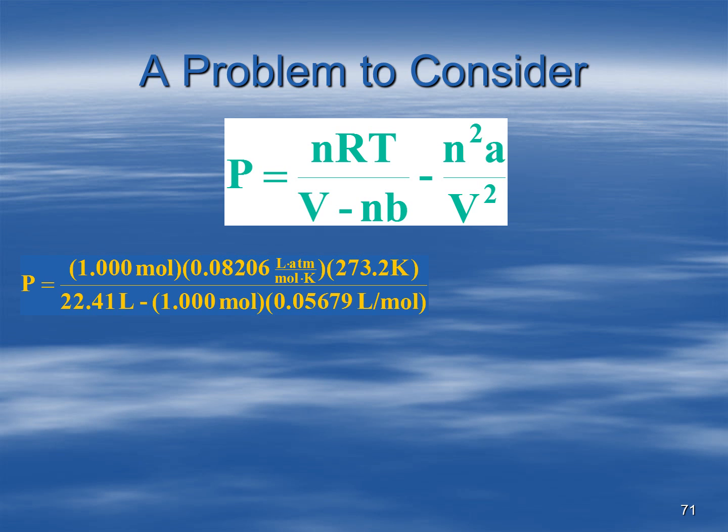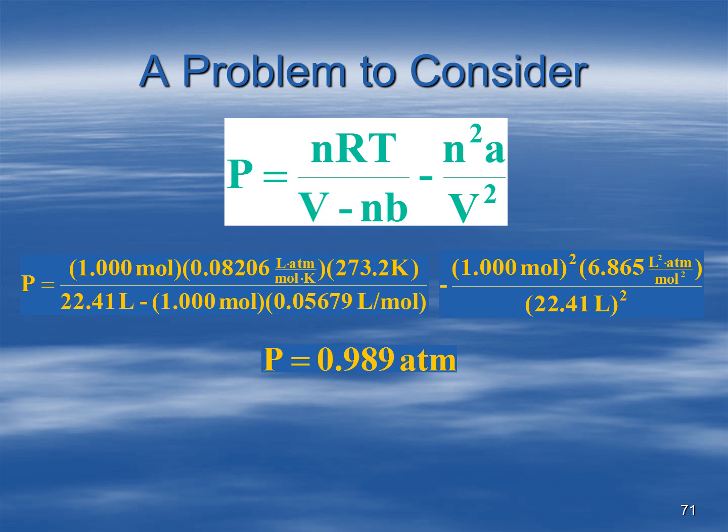Times 273.2, and then divided by the quantity 22.41 minus 1 times 0.05679. That's the V minus nb. So you could actually calculate that number. And then we have 1 squared times 6.865 divided by 22.41 squared.